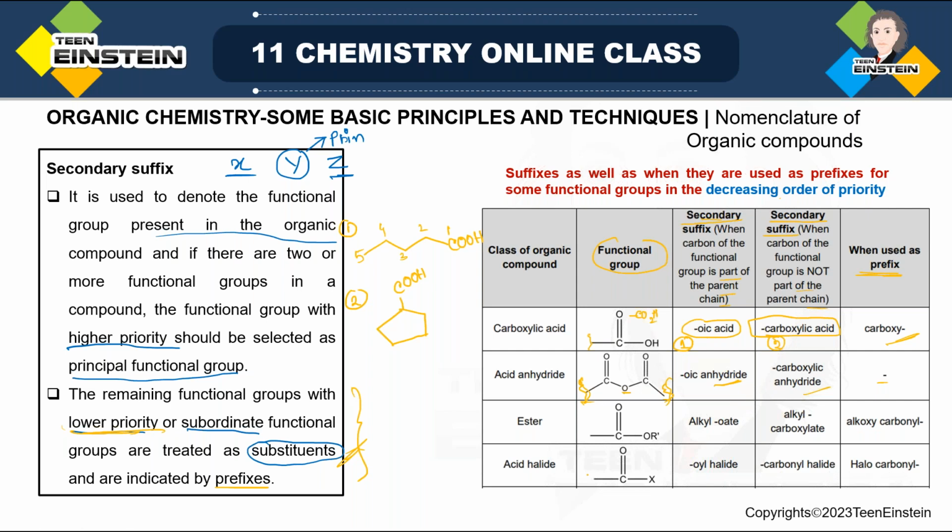Okay. Then we have ester, which is just like the first one, only difference, now you have an OR group, not an OH group. So now it is treated as alkyl ...oate. Now this alkyl is based on this R prime. Suppose R prime is CH2CH3, then it will be ethyl, and they use oate.